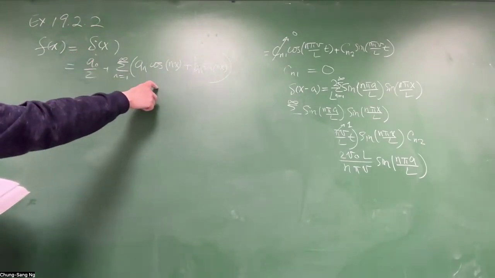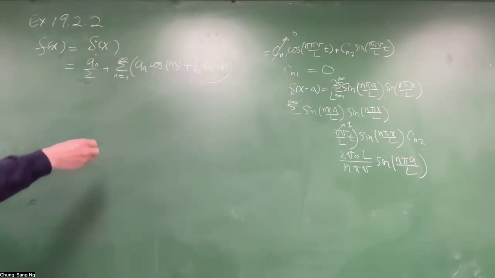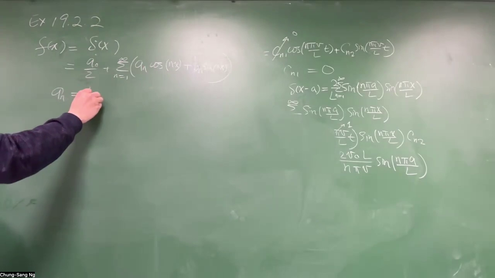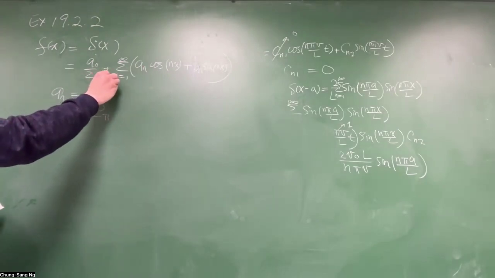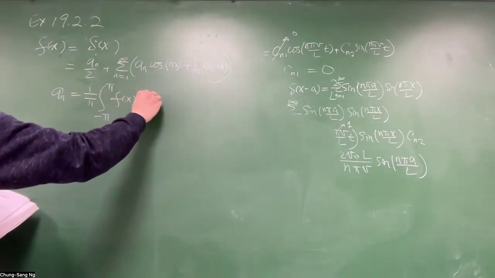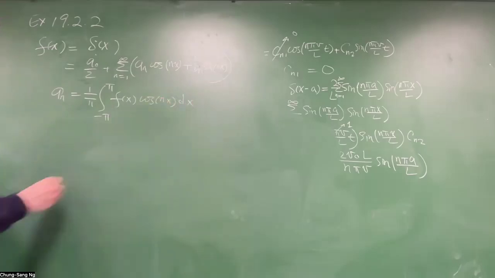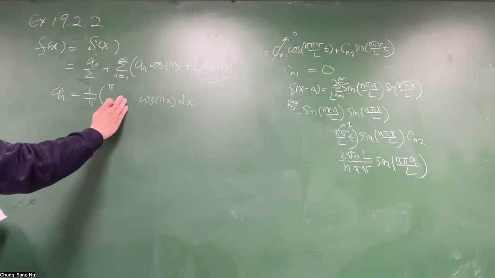The standard form is this one, but you need to figure out what the a sub n and b sub n are, which you get using the standard formula. So a sub n is given by 1 over pi, and in this case, it's integrating from minus pi to pi f(x) cosine n x. Right. And f(x) is a delta function.